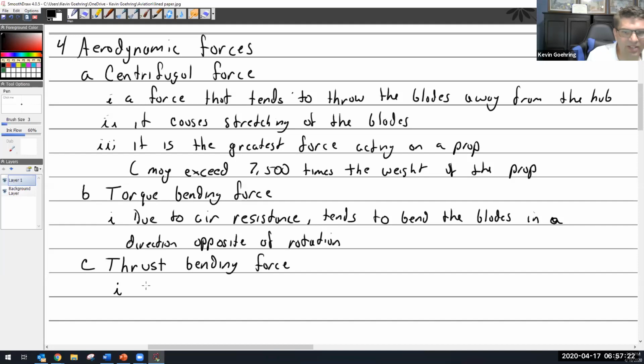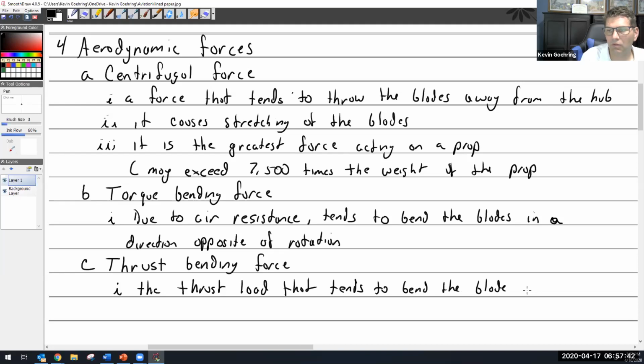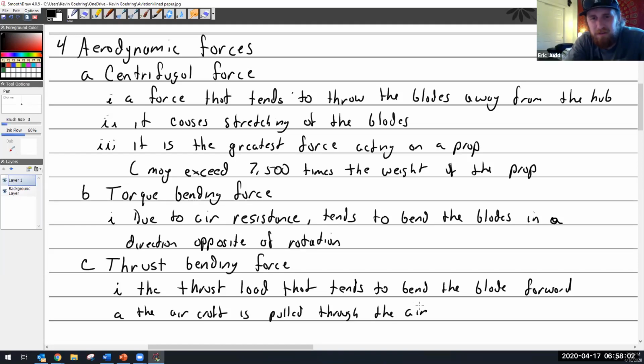The thrust load that tends to bend the blades forward as the aircraft is pulled through the air. And of course, if it's pushing it through the air, the opposite.